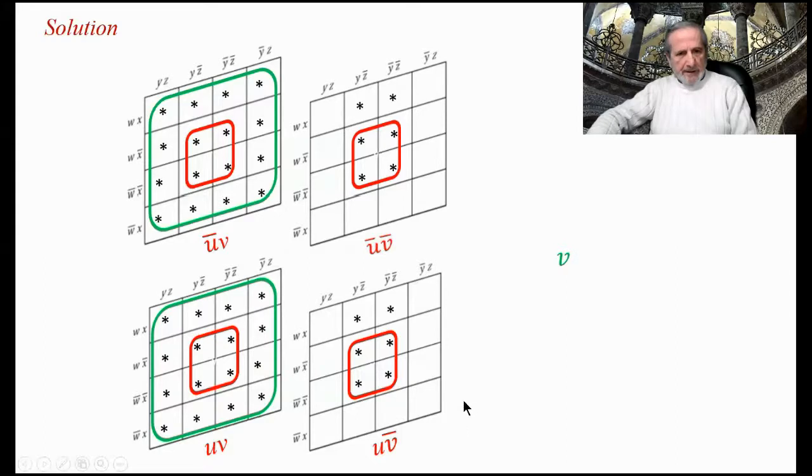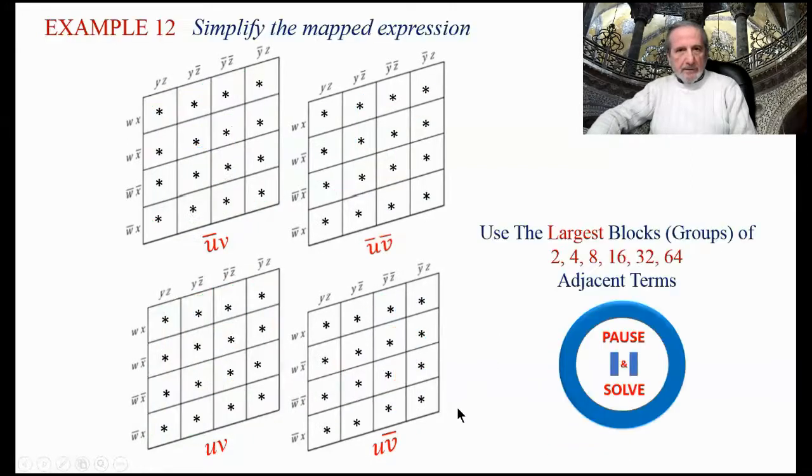Then I get U, V, U bar, V bar cancel. Here, W cancels W bar. Here, Y cancels Y bar. So you get X bar from here and Z bar from here. And then you can also do this 4, 4, 4, 4. And you get W Z bar. And that is the answer.